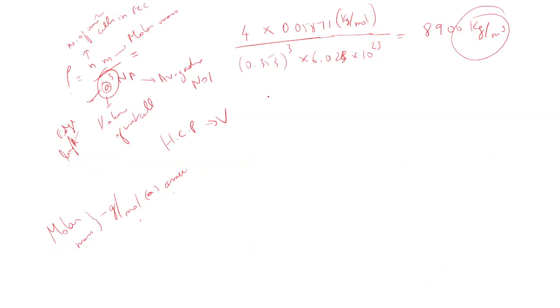In case of gram per meter cubed, then we should convert this accordingly. It's coming, sir, 8.56 into 10 to the power minus 4. Oh, just a sec.